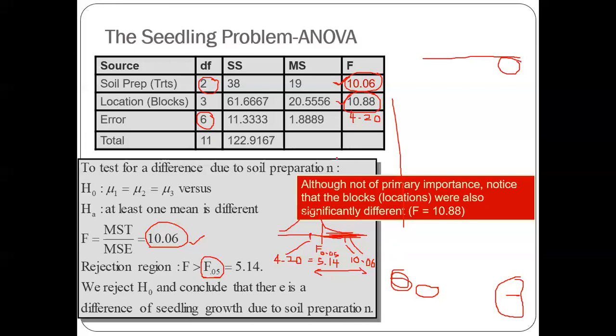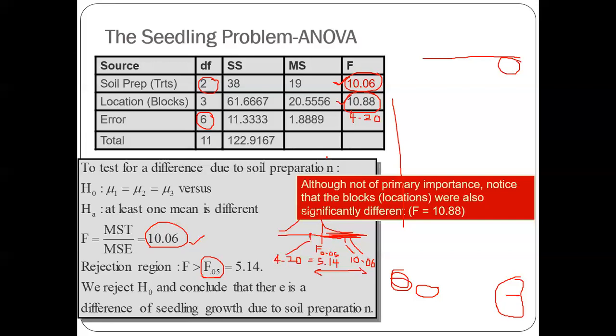However, if we want to further the analysis or proceed with other analysis, it is the same as one-way ANOVA. We can only further our analysis if we reject our null hypothesis.